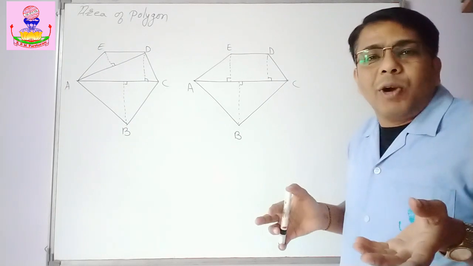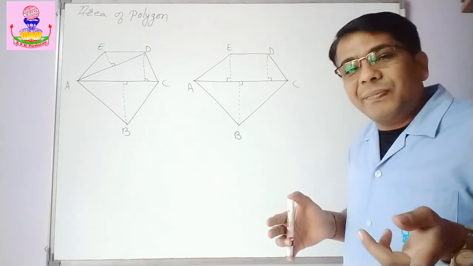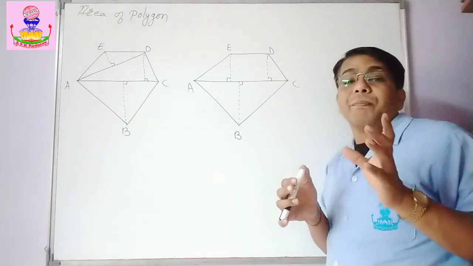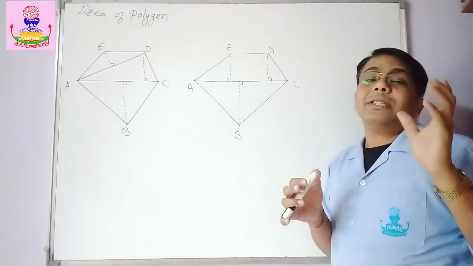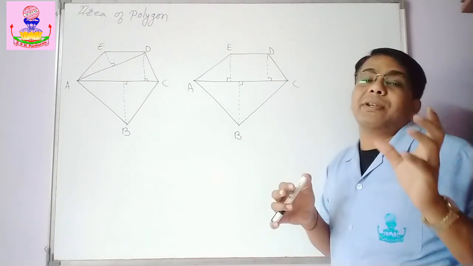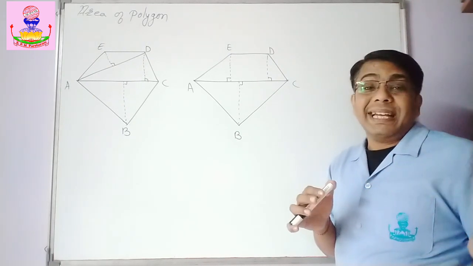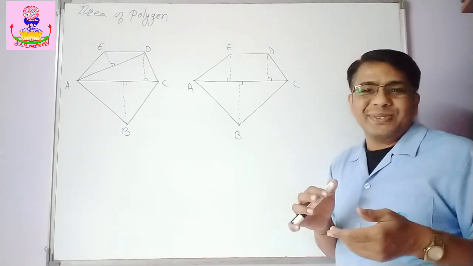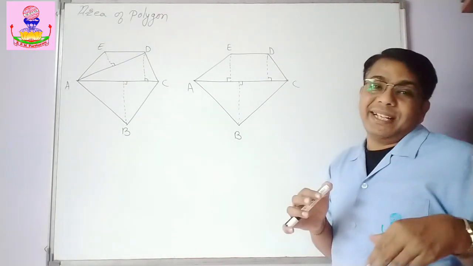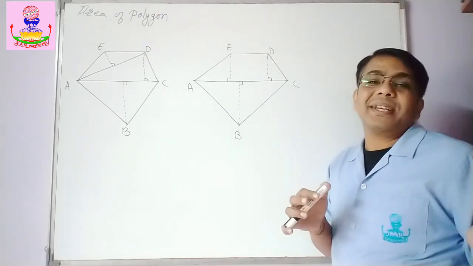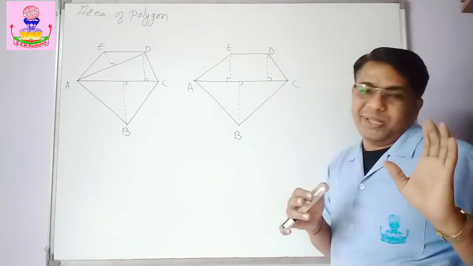And I know the formula to find the area of a trapezium. So it can happen that you may be able to divide that particular polygon into triangles as well as trapeziums, and then you can utilize that to find the area of that polygon.